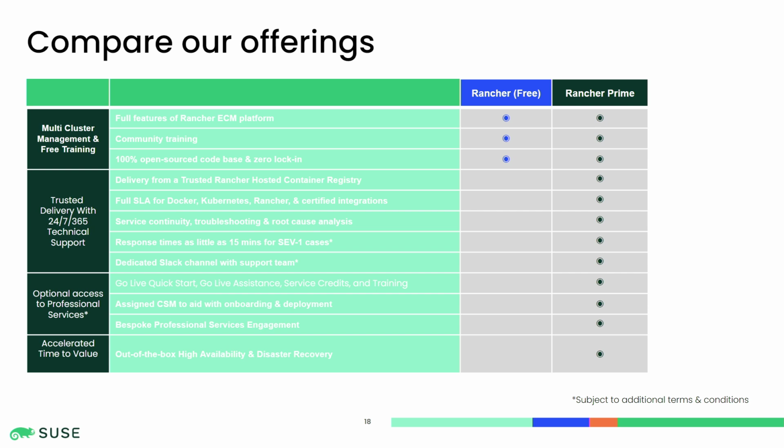I won't go through all of them here. I just wanted to highlight there's a minor difference. The open source version of Rancher is fine to just try out. But if you're running enterprise-grade software such as SAP applications, and you really rely on that and need support by SUSE, check out Rancher Prime.